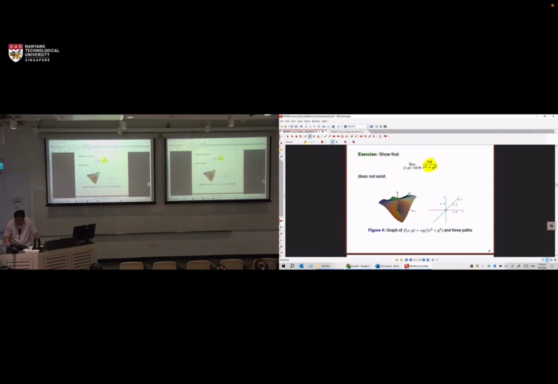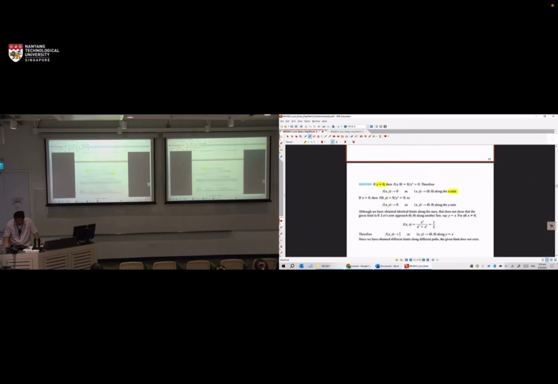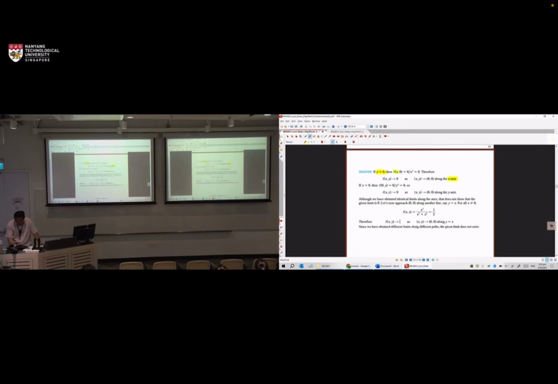So you have 0 divided by x squared, and that gives you 0. So the conclusion is that f(x, y) approaches 0 as (x, y) approaches 0 along the x-axis. This is your first path.